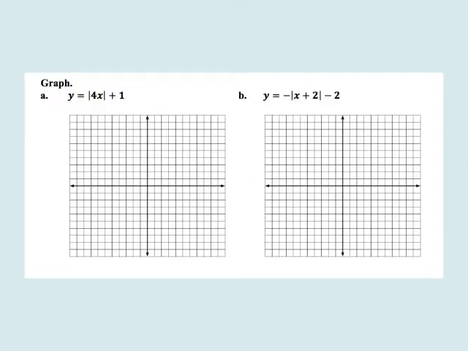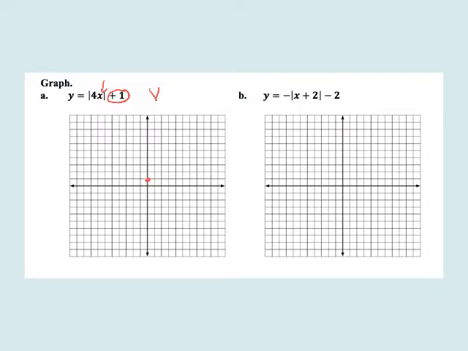on this first one, we notice that there is no negative sign out front. So therefore, this one's going to open upward in a V. Secondly, there's a 1 on the end. There's no plus or minus anything inside, so it's just going to go up to 1 on the y-axis.